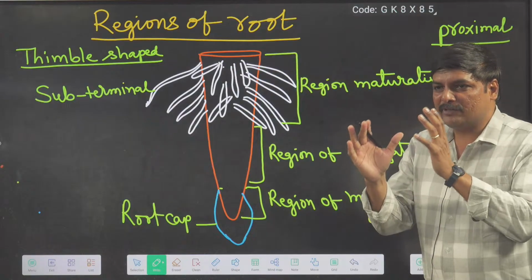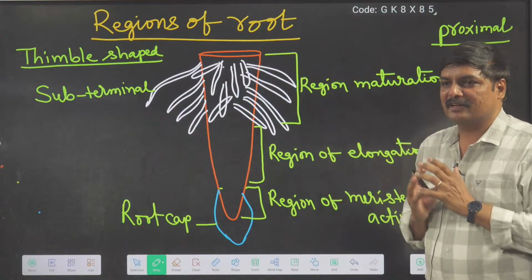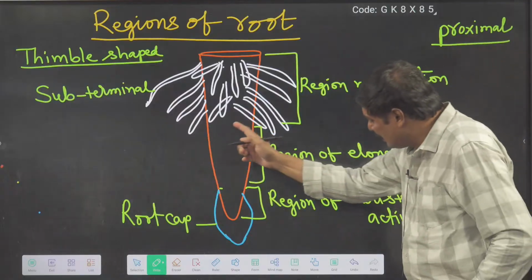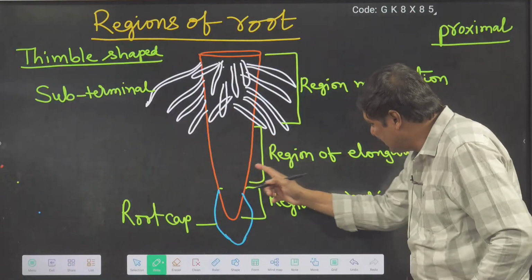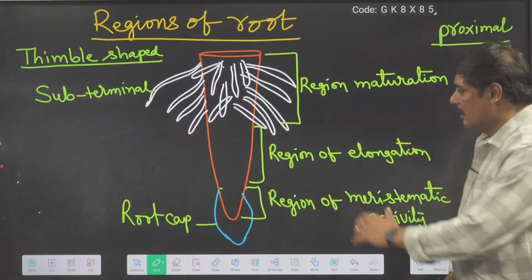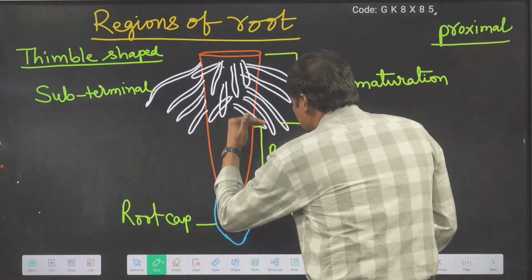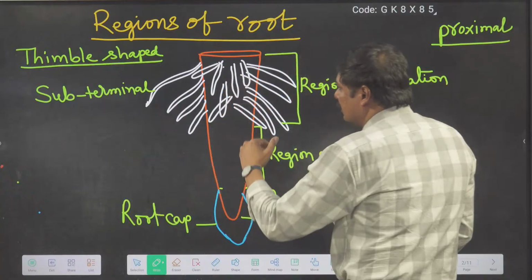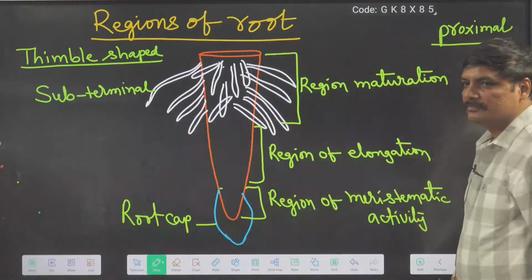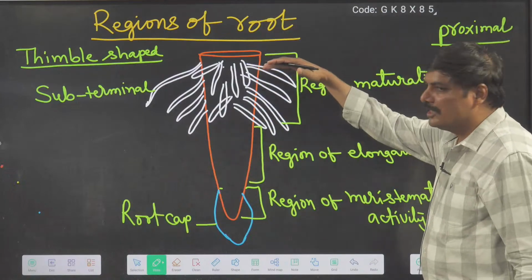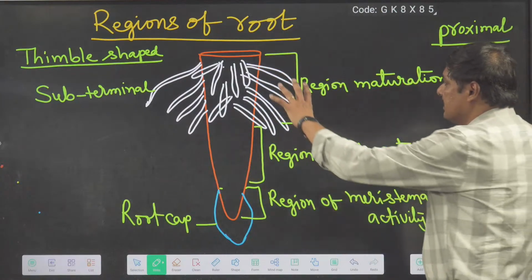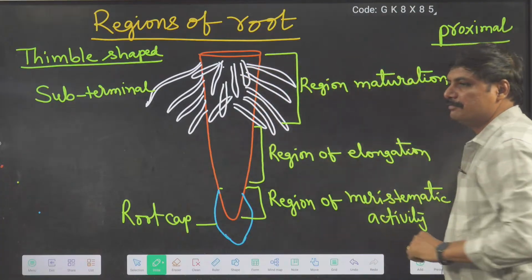The growing point of the root is the meristematic region. The length of the root increases in the region of elongation. Proximal to the region of elongation, there is a maturation region.